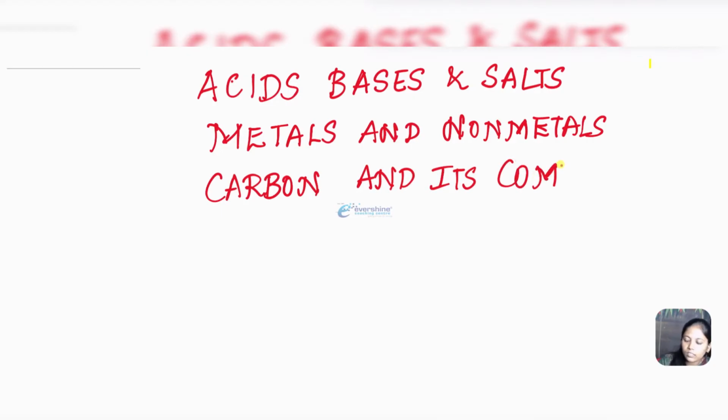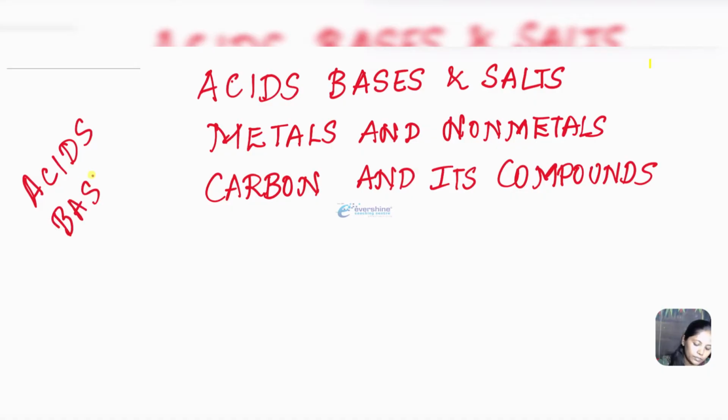These three lessons we will study, and firstly we will move on to acids, bases and salts. In this chapter, which important topics will we study, and what important questions will we get?